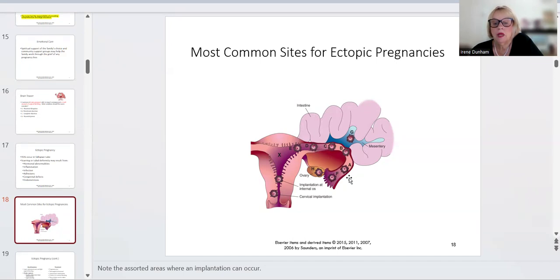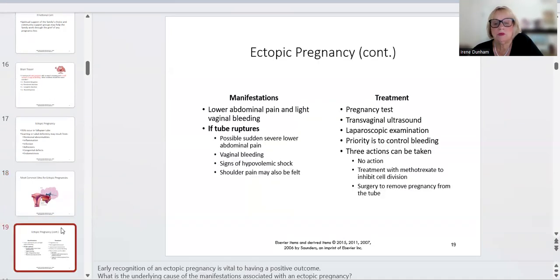When you do that, you decrease her chances of getting pregnant by 50% because you removed the tube. So when you've got a patient with an ectopic pregnancy, you get them to the hospital as soon as possible so that the tube does not rupture. Okay.